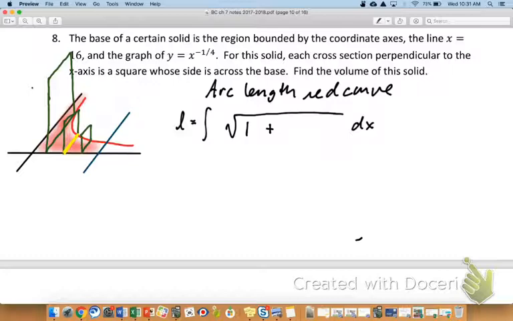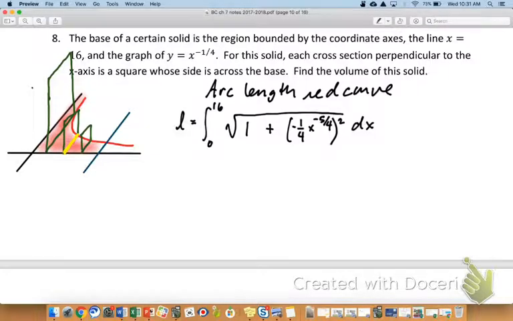So it'd be negative 1/4 x to the negative 5/4 quantity squared. And then if we are using x's, what would be our accumulation interval? From x equals 0 to x equals 16. All right.